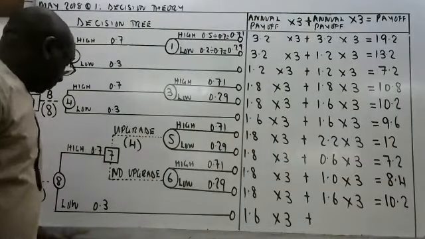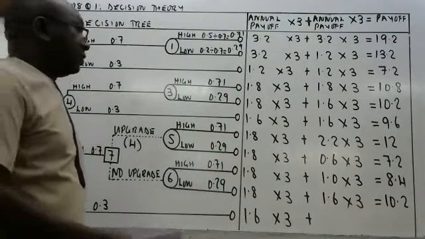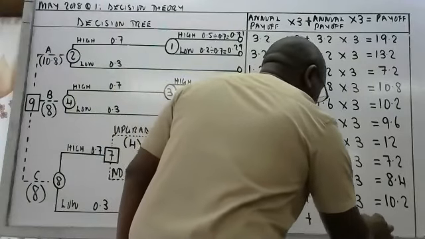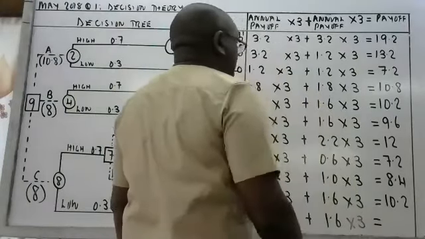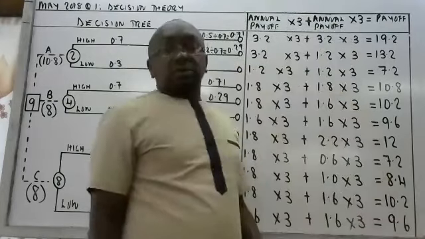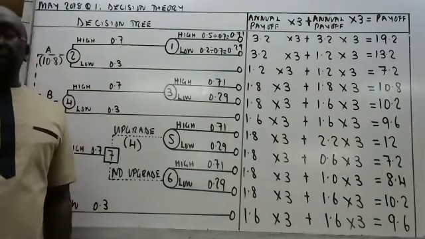Then this one is just remaining as 1.6. Even here 1.6 times 3. And that is the one that is going to 9.6.